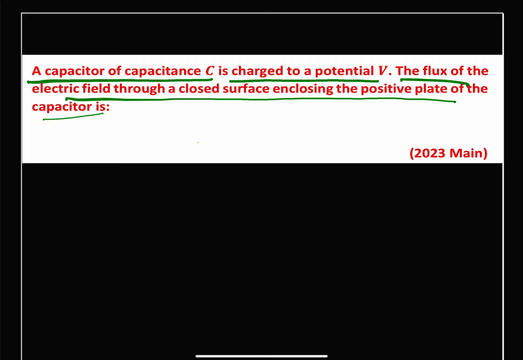So this is our capacitor, and let us assume that our left plate is our positive plate and the right plate is obviously our negative plate. And if the total charge on this capacitor is capital Q, the left plate is going to have a plus Q charge, and the right plate is going to have a minus Q charge.